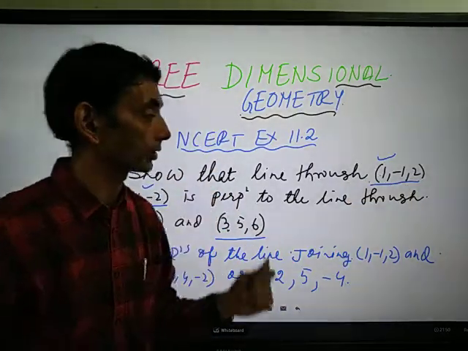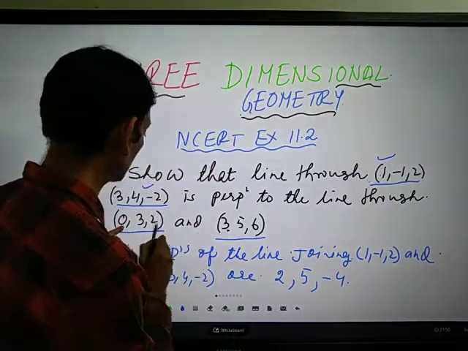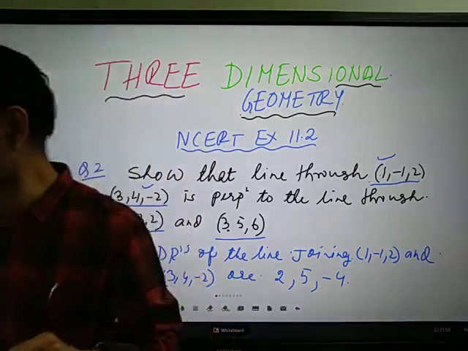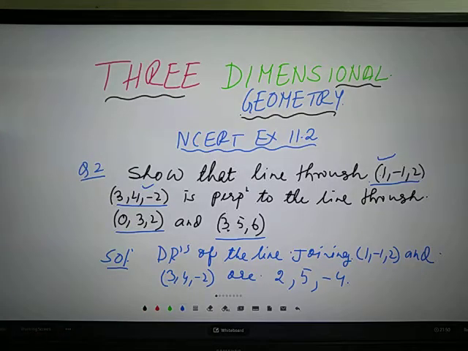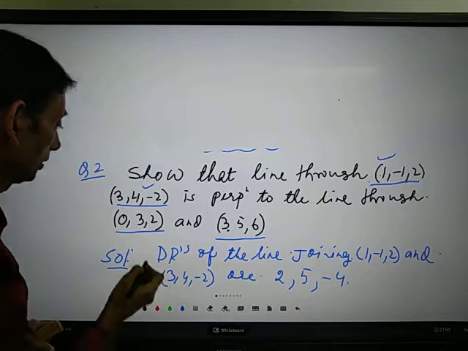Similarly, we'll find the direction ratio of the second line which joins the points 0, 3, 2 and 3, 5, 6. So let's find out the direction ratio.